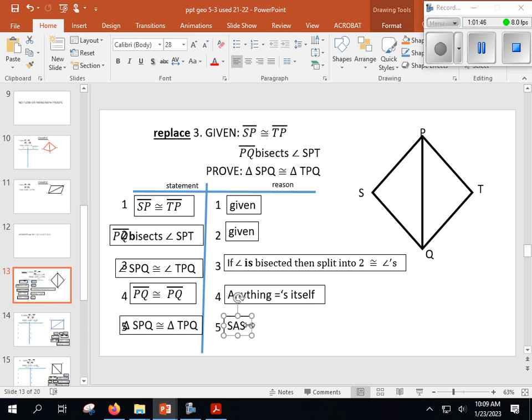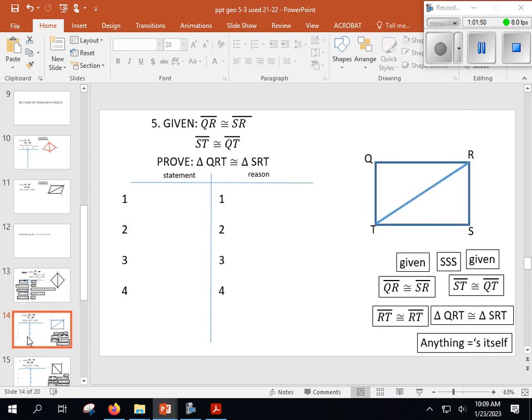This one is number 5. This is number 5 on the homework, so I probably skipped number 4. I don't care if they're out of order on your paper or not.